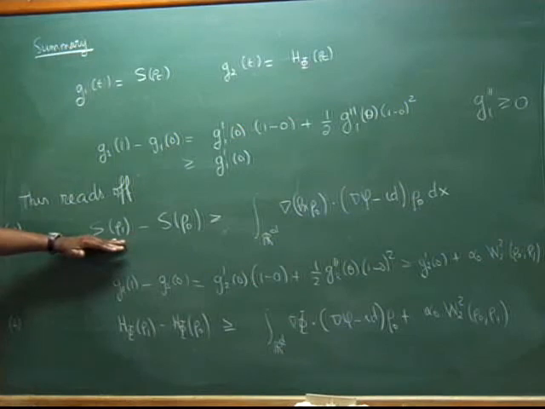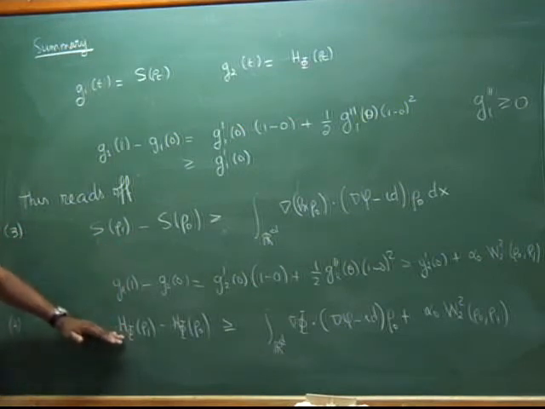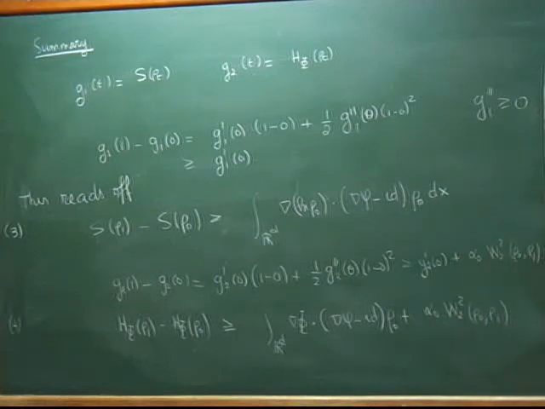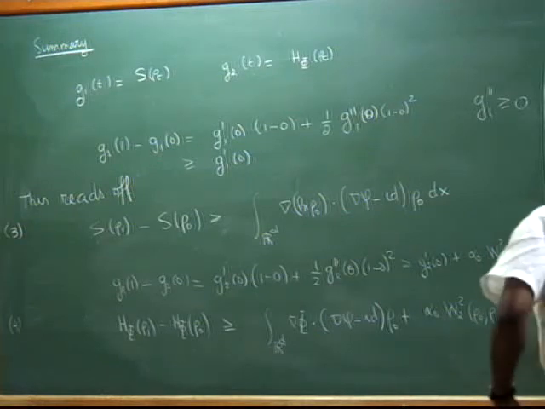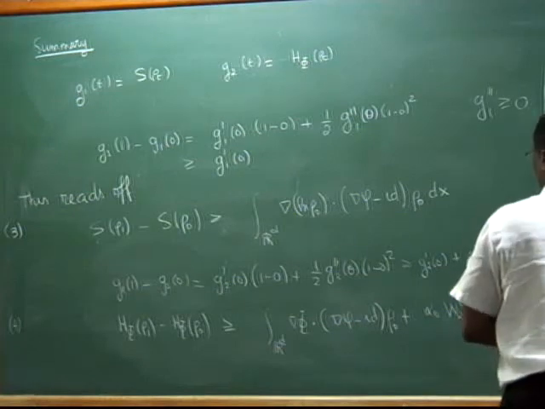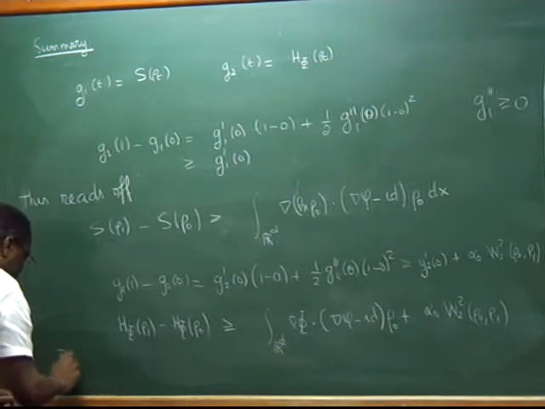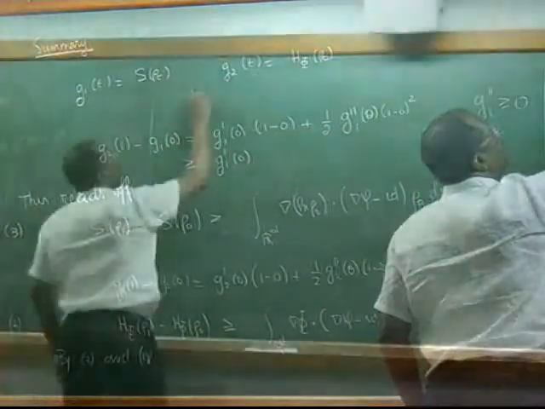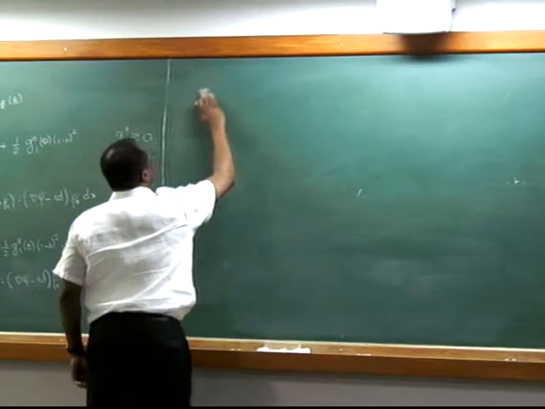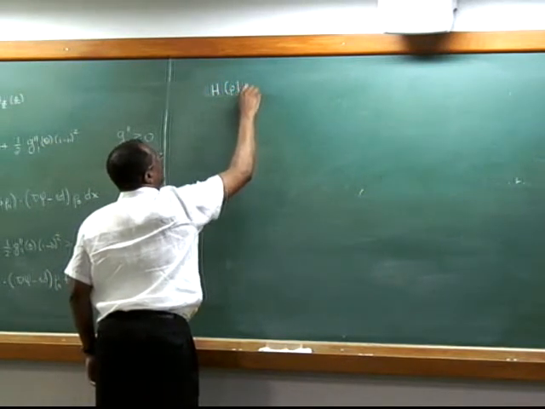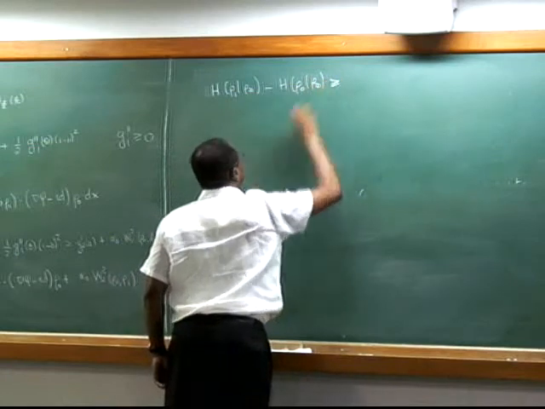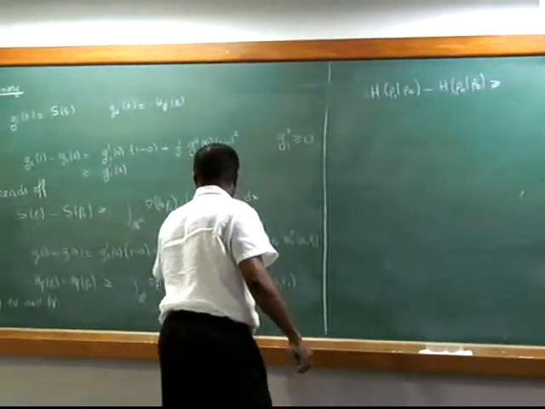Note that S plus H phi is the total energy E. By 3 and 4, E of rho 1, which is H of rho 1 knowing rho infinity, minus H of rho naught knowing rho infinity, is bigger than or equal to, I am going to copy these two things.